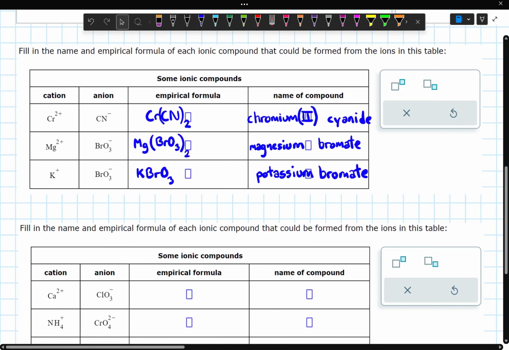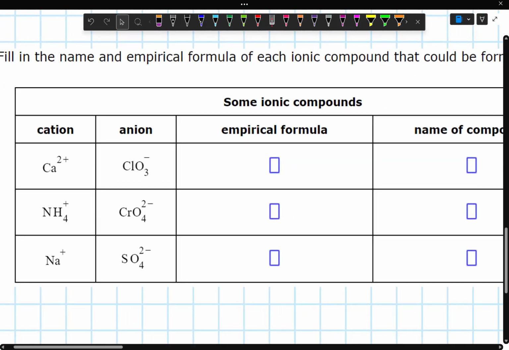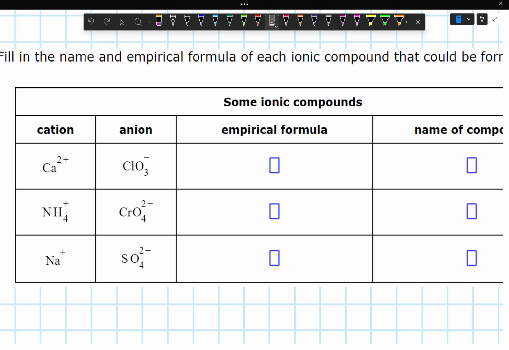So now we move on to the last set. Alright. So cation is calcium. Calcium has a +2. And we have chlorate, which is a -1. So this +2 comes down here, and the -1 comes down there. Alright. Calcium is in the second column of the periodic table, and it only has 1 possible charge.